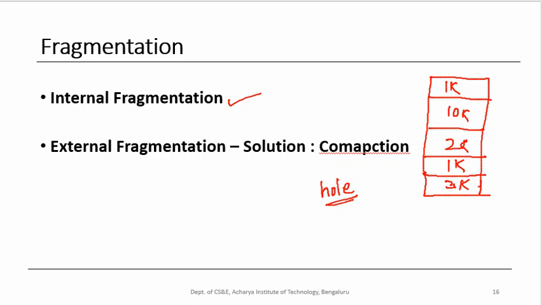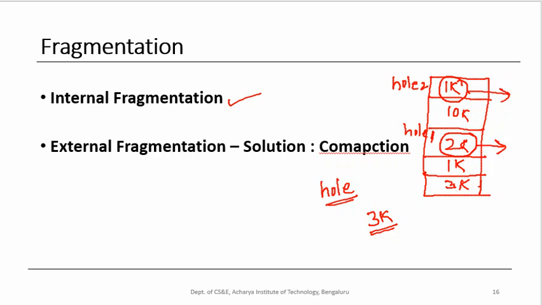Now let's say this 2K process goes out of the main memory, creating a hole here, hole 1, and this one goes out of the memory, creating a hole here. So what is the total amount of memory now available? It is 3K, but they are non-contiguous.